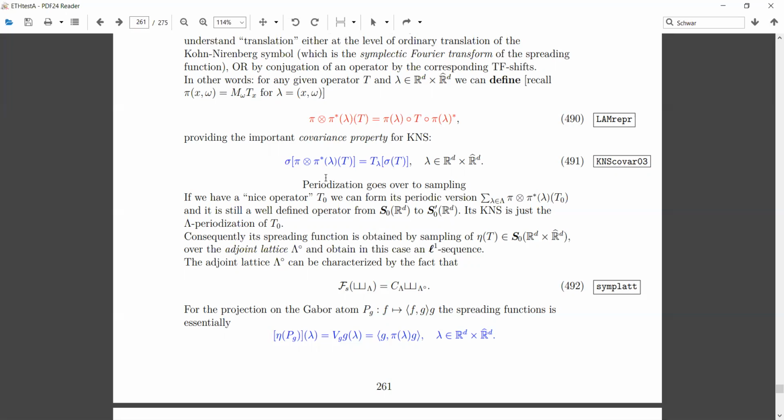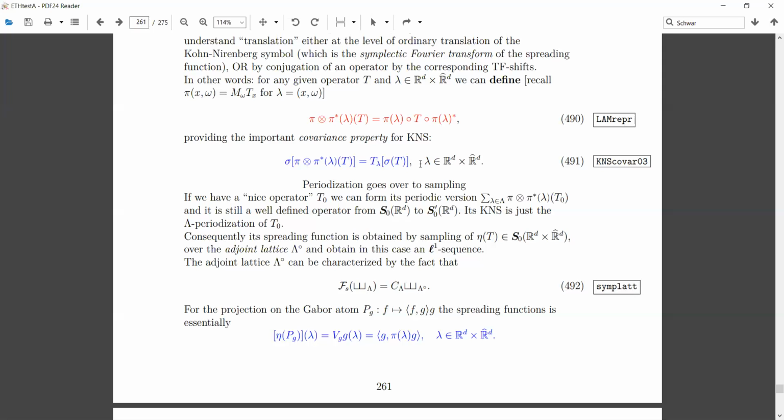So we can say that all these projections onto the atoms are obtained by the one single projection of the operator on our atom. Therefore, we have a collection of shifted versions of the Kohn-Nirenberg symbol. I will show you this and recall this again.